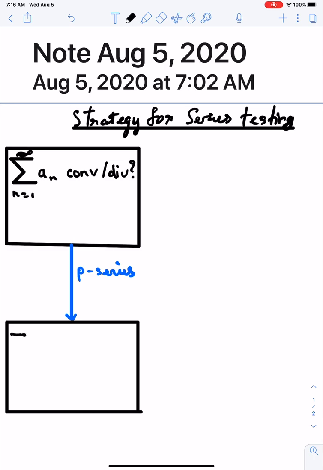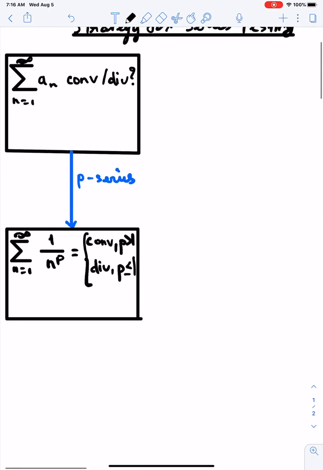Well, it's the infinite sum, n equal to 1 to infinity, of 1 over n to the p. So this infinite series is going to be convergent if p is strictly bigger than 1, and divergent if p is less than or equal to 1. One of the most standard examples we went through.